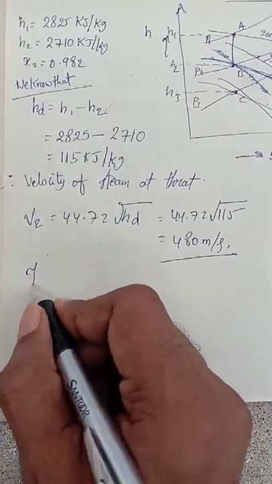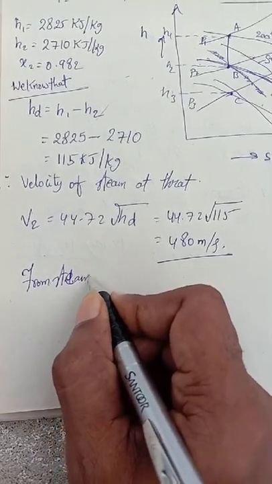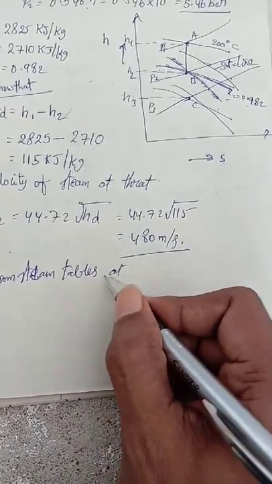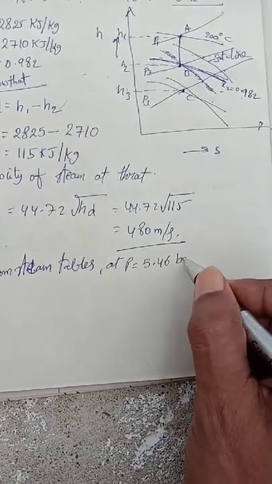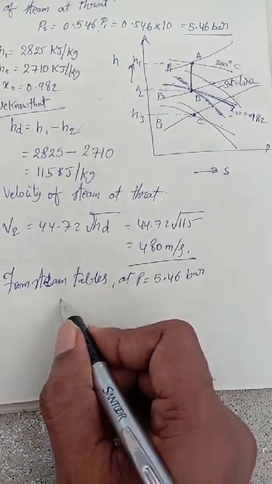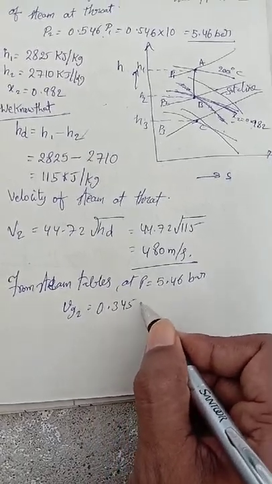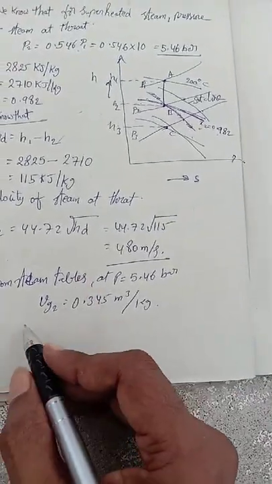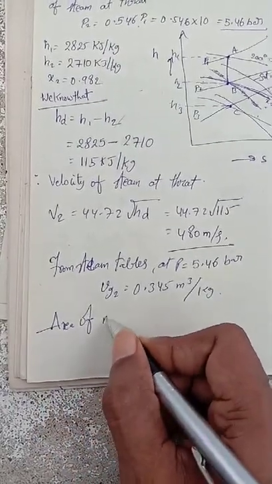Okay, next, from steam tables, at pressure P is equal to 5.46 bar, we find the specific volume at throat Vg2 is equal to some value in meter cube per kg.